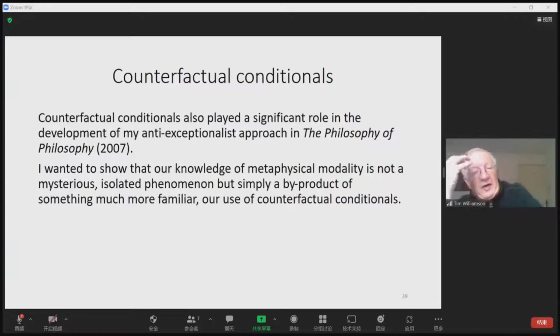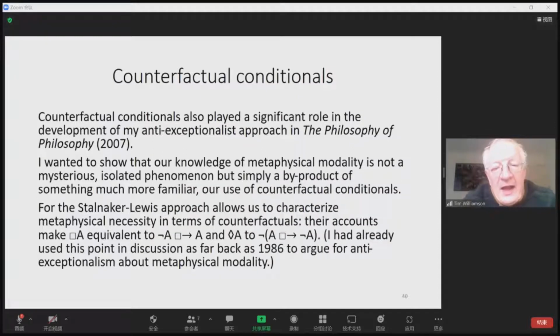And so I wanted to show that our knowledge, in particular of metaphysical modality, of metaphysical necessity and possibility, is not a mysterious, isolated phenomenon, but simply a byproduct of something much more familiar, which is our use of counterfactual conditionals, which are used in all sorts of everyday situations. And of course, we may use them in science as well.